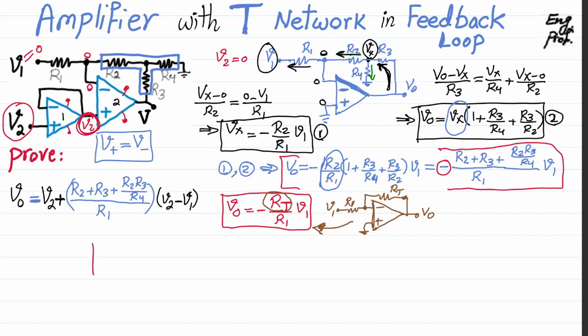We will have minus and plus, with V2 on the positive terminal. Then we will have R1 and then AC ground, and I'm not going to show the T network; I'm going to show the RT that we found.